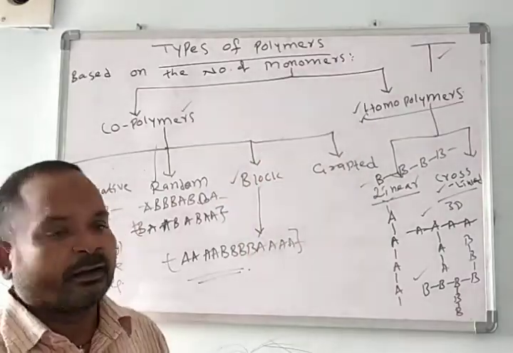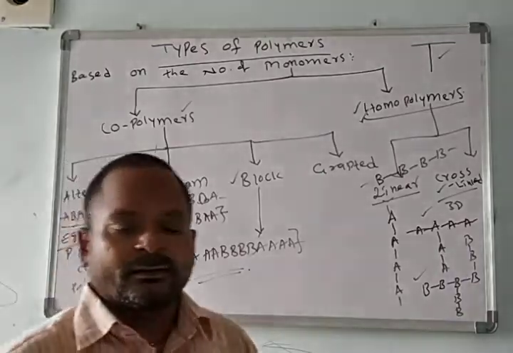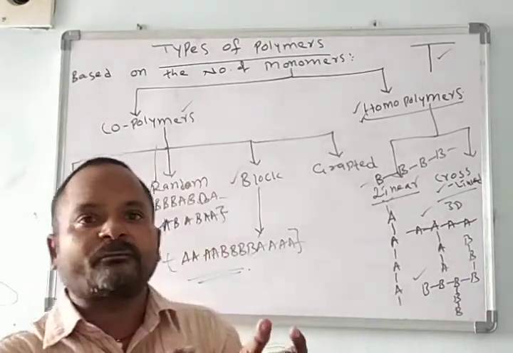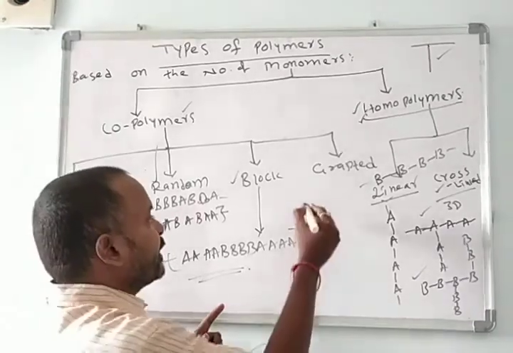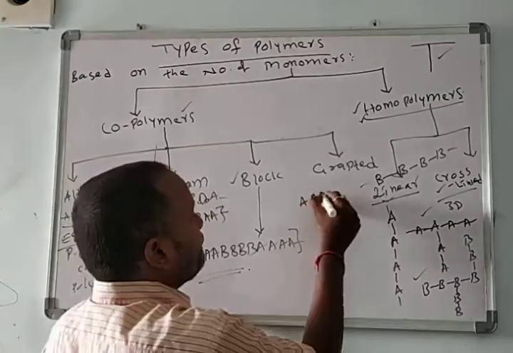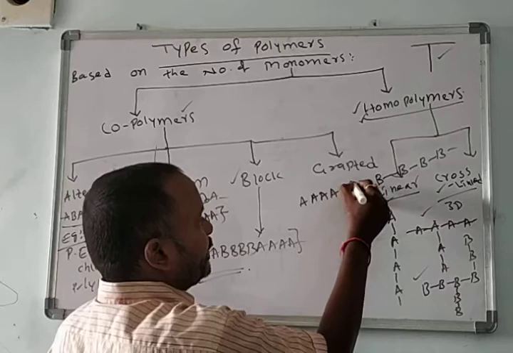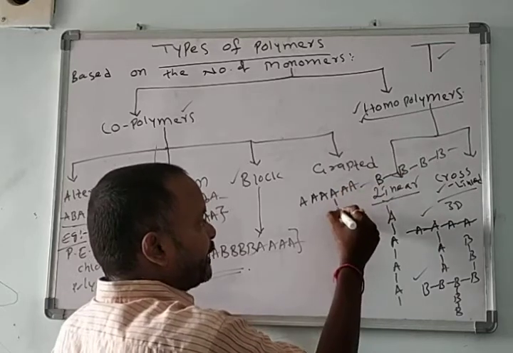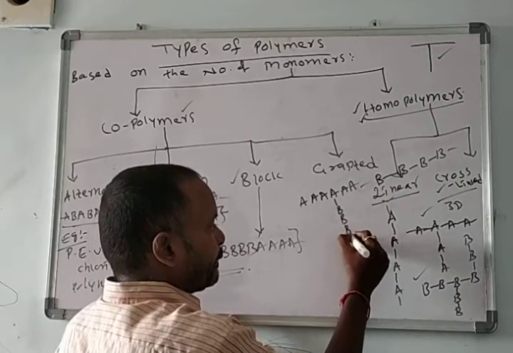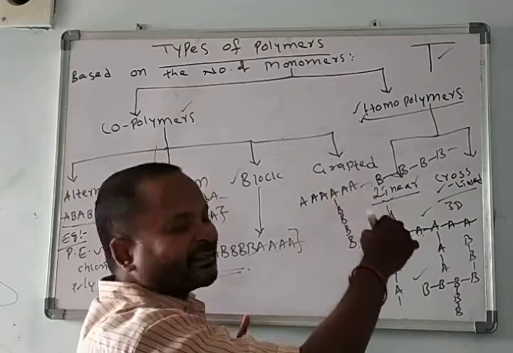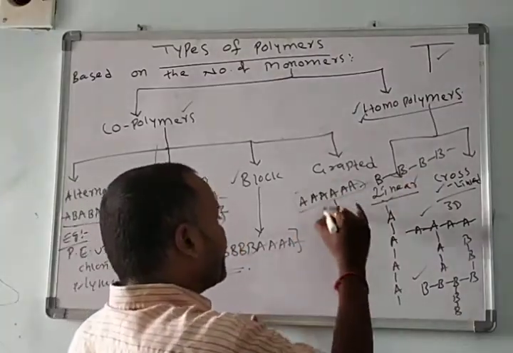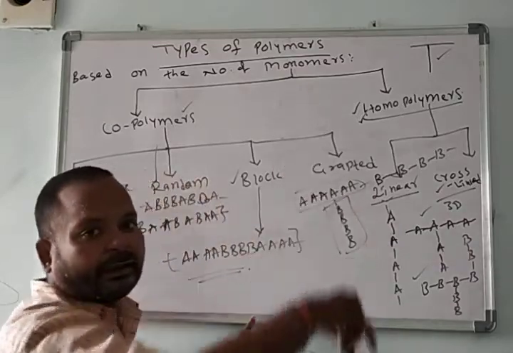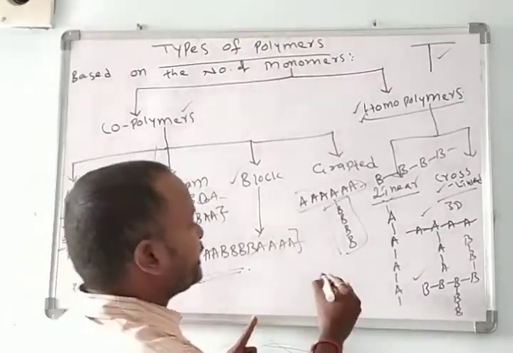Grafted copolymer. In this, okay, here block copolymer arranged in a grafted way. That means A, here A, arranged like this, and here B, B, B, B. Just like appeared as a cross linkage, but it is one block arranged in a graft manner. This we called as graft.